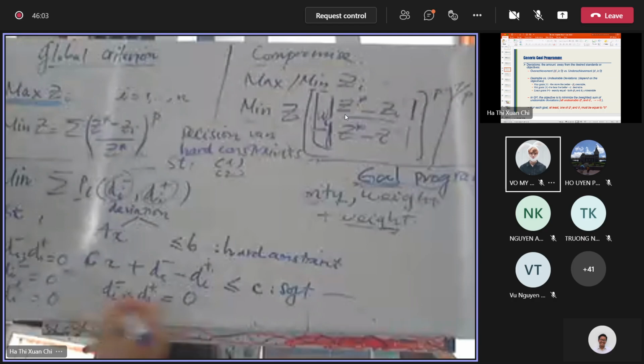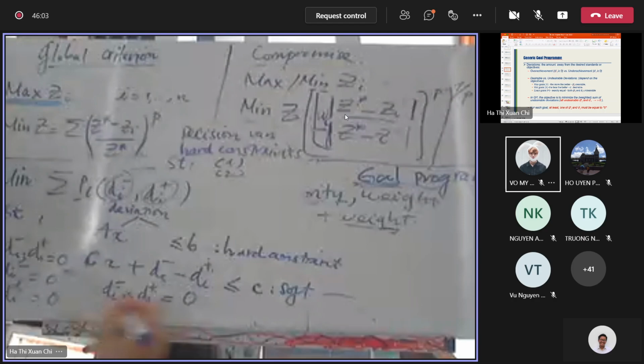So what is lexicographic programming? They can also call that the preemptive goal programming, because here we have priority, right? The model here has priority, so we can call that the preemptive or lexicographic.